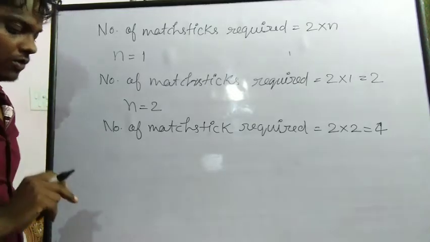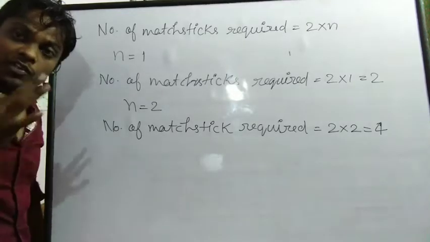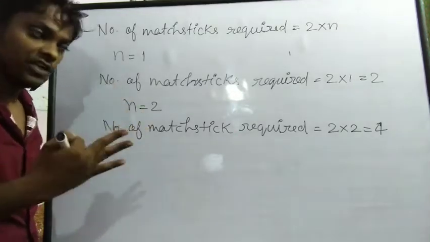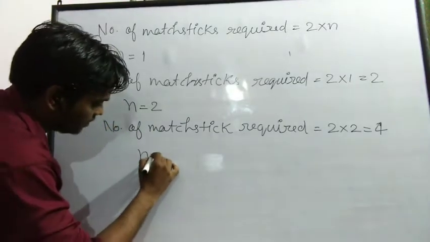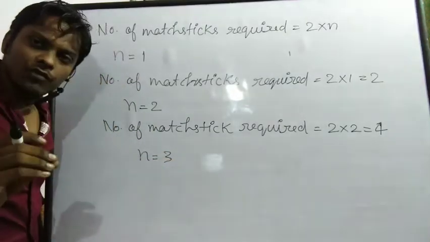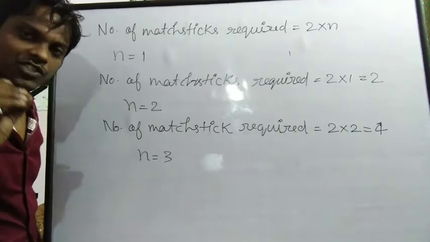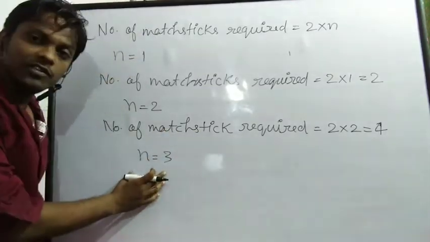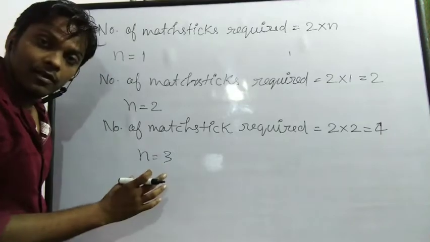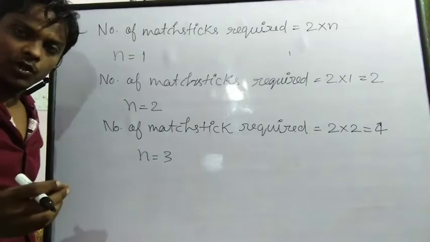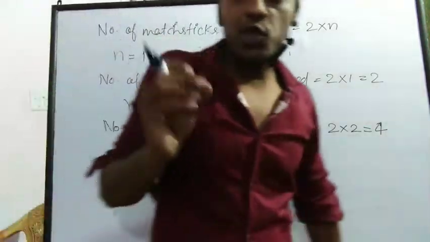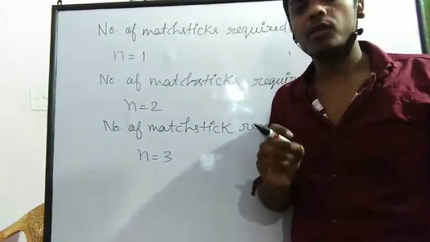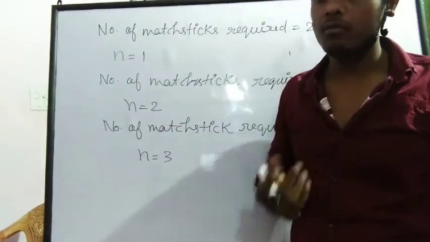Now, if you want to form 3 L, all of you are so intelligent. Now tell me the number of matchsticks required for 3 L. Put your answer in the comment box.